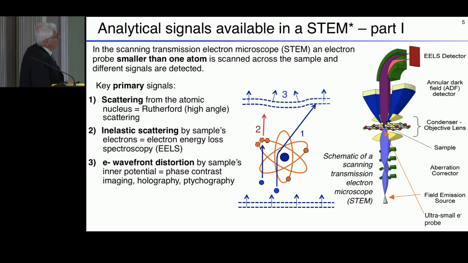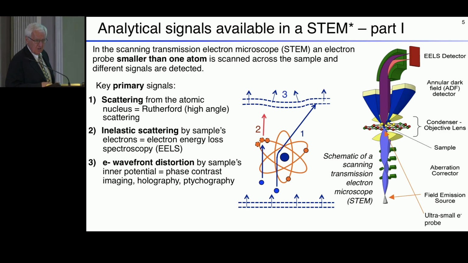When an electron beam goes by an atom, the wavefront gets distorted. That results in a modified pattern at the final detector, and that tells you about the phase changes as the electron wave goes through the sample. So that's a form of holography.